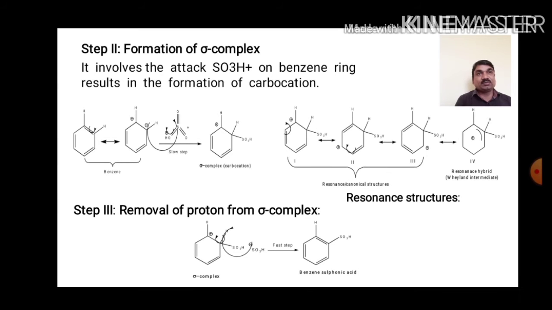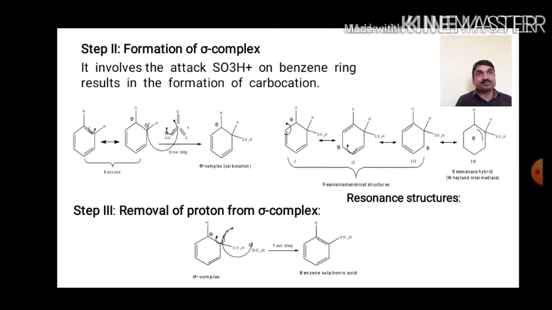So this positive charge gets delocalized over the five carbon atoms and it results in a resonance hybrid structure called the Wheland intermediate.